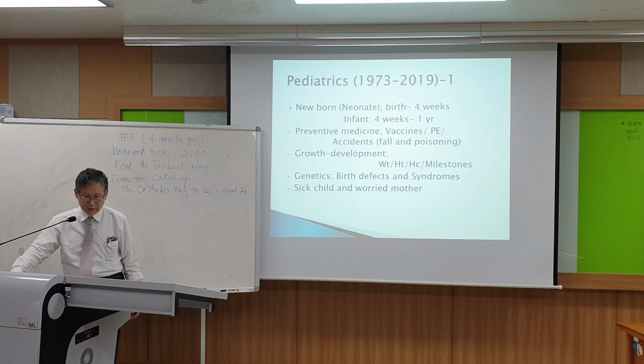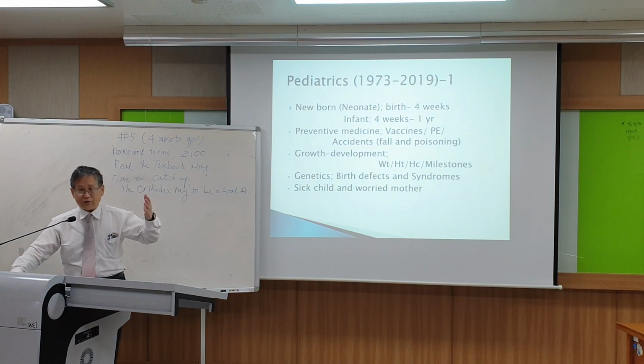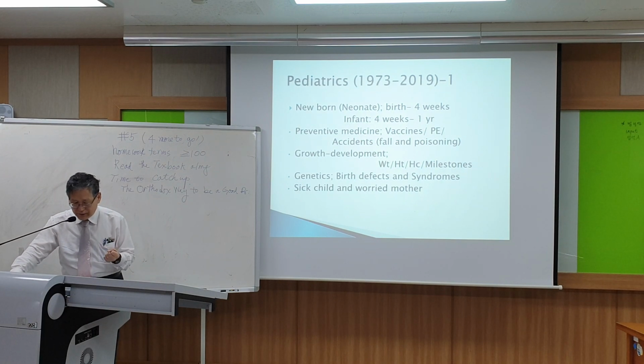Why? Because when they have a problem in genetic diseases, you find out usually in childhood. It's rare to have a first diagnosis of genetic disease later in adulthood. So the birth defect, we call it, or inborn error of metabolism, belongs to genetics. And syndromes, there are maybe several hundred syndromes.